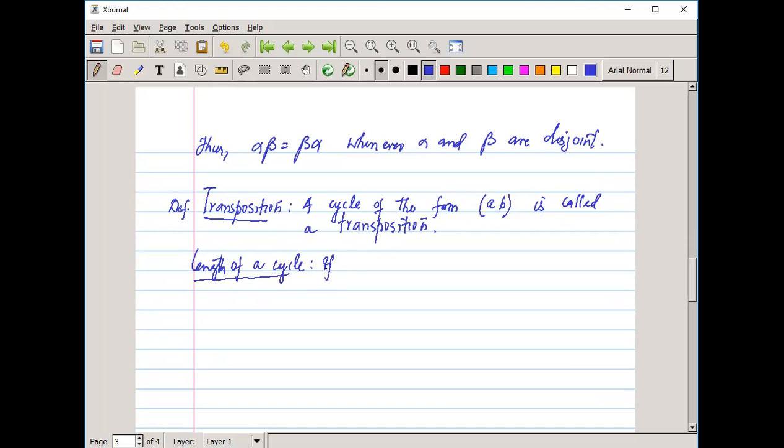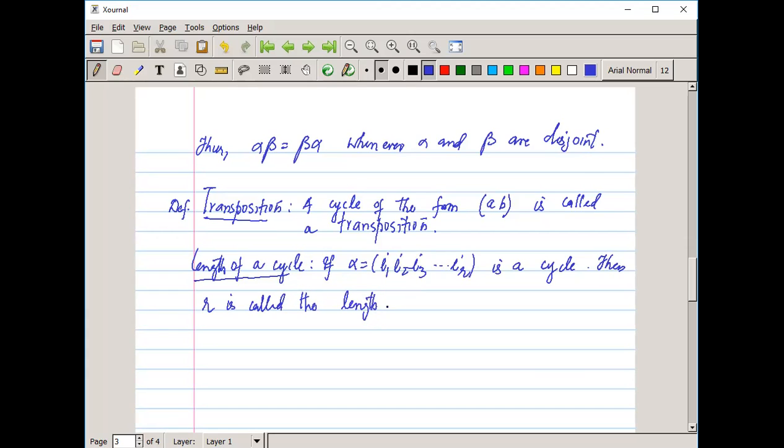If alpha is equal to (I1 I2 I3 ... IR) is a cycle, then R is called the length of the cycle.